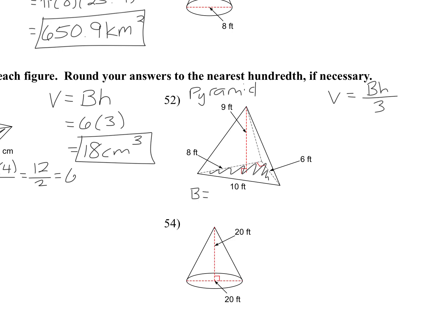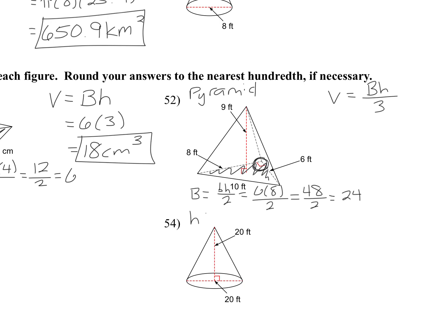It's area of the base. How do I find the area of a triangle? Base times height divided by 2. And I heard it. We look for this right angle on the bottom. What sides are connected to it? 6 times 8 divided by 2. So you get 48 divided by 2 is 24.